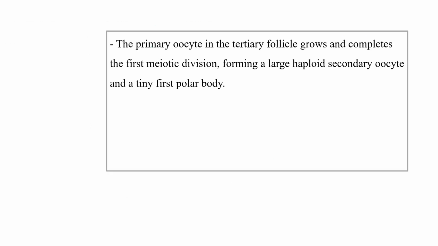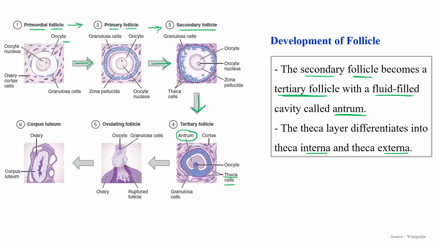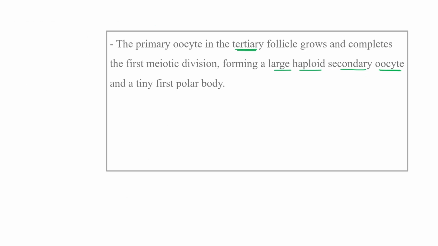The primary oocyte in the tertiary follicle grows and completes the first meiotic division, forming a large haploid secondary oocyte and a tiny first polar body, as you can see over here.